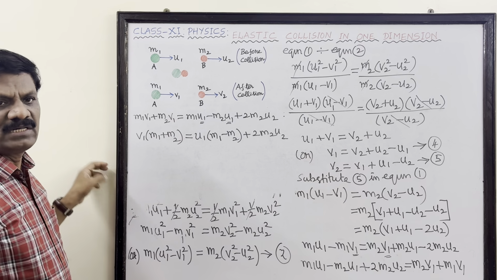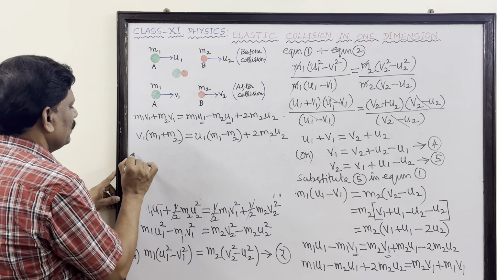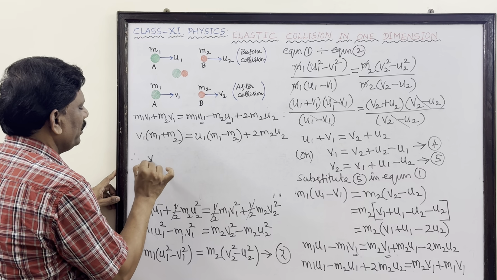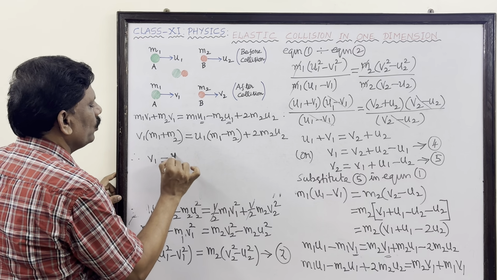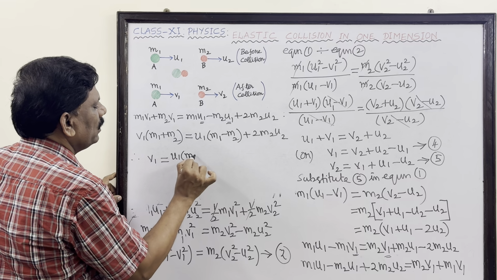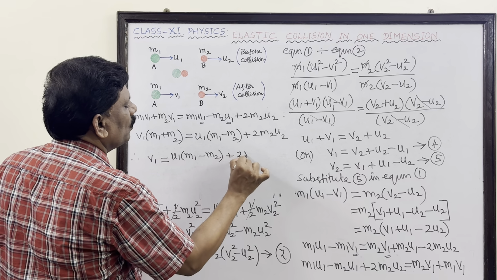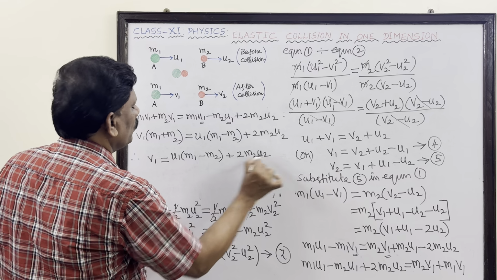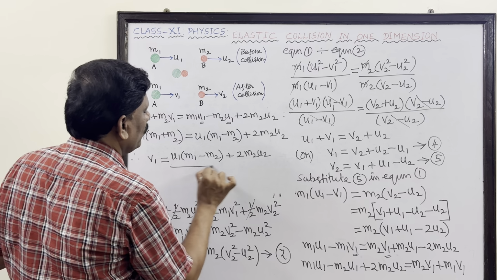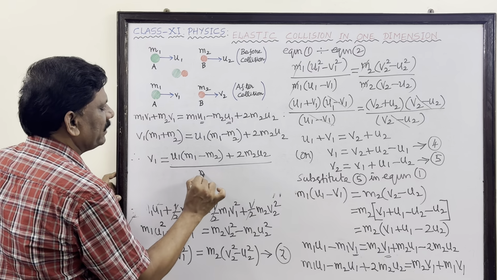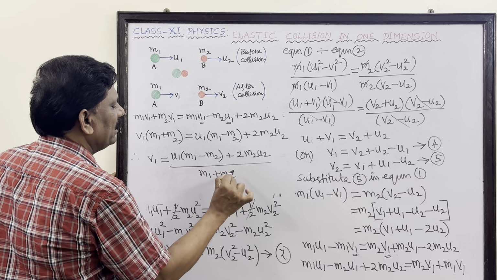So like this I can write. I need an expression for v1, is it not? Therefore v1 is equal to u1 into m1 minus m2 plus 2 m2 u2, whole divided by the common denominator m1 plus m2.